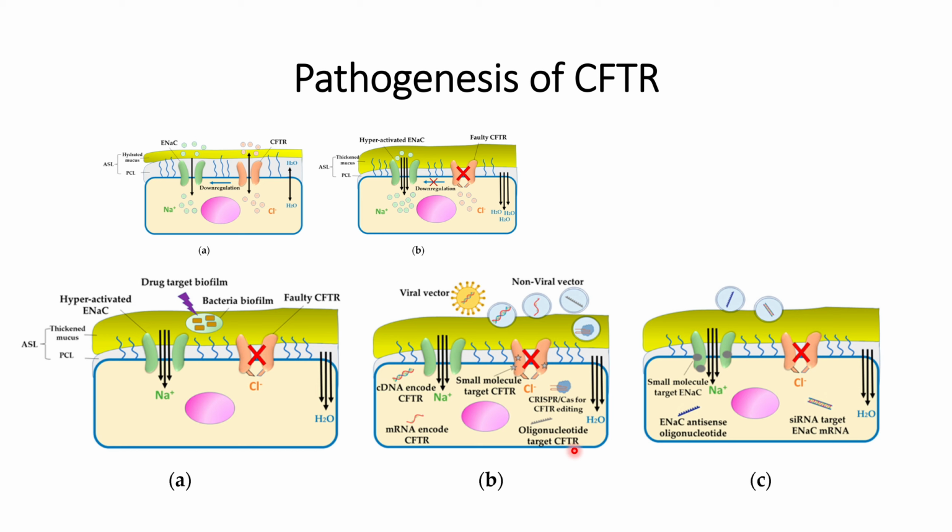As it is shown, this oligonucleotide targets CFTR, it will correct the defective gene of CFTR, and this mRNA encodes CFTR. This is the case of transient transfection, where mRNA can be directly translated in the cytoplasm of the cells, and this is the case of cDNA encoding CFTR.